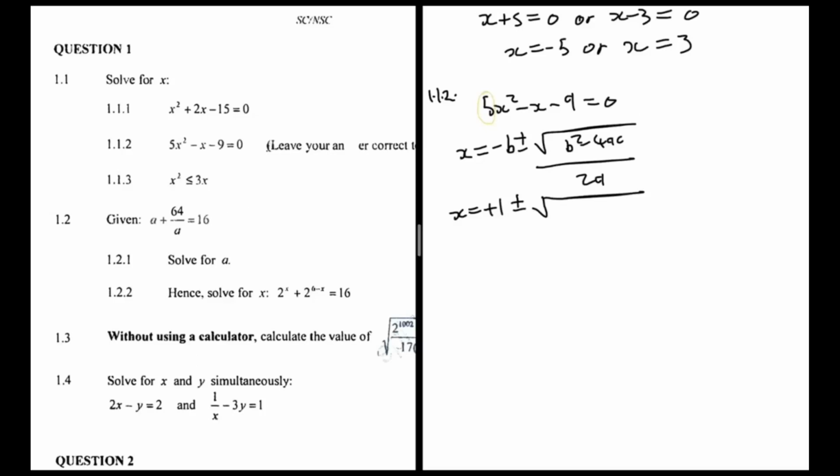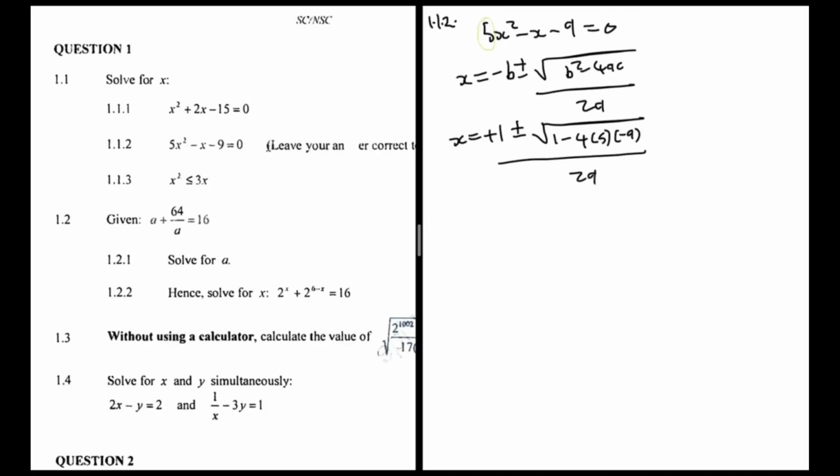So we have minus 1 squared, so it will just be 1, minus 4 multiplied by 5 multiplied by minus 9, everything divided by 2a, right? Again, a is 5, right? So I'm going to have 5 here instead, which will just give us 10. So we're going to have x equals 1 plus or minus, let me put all that which is inside the square root in my calculator, right?